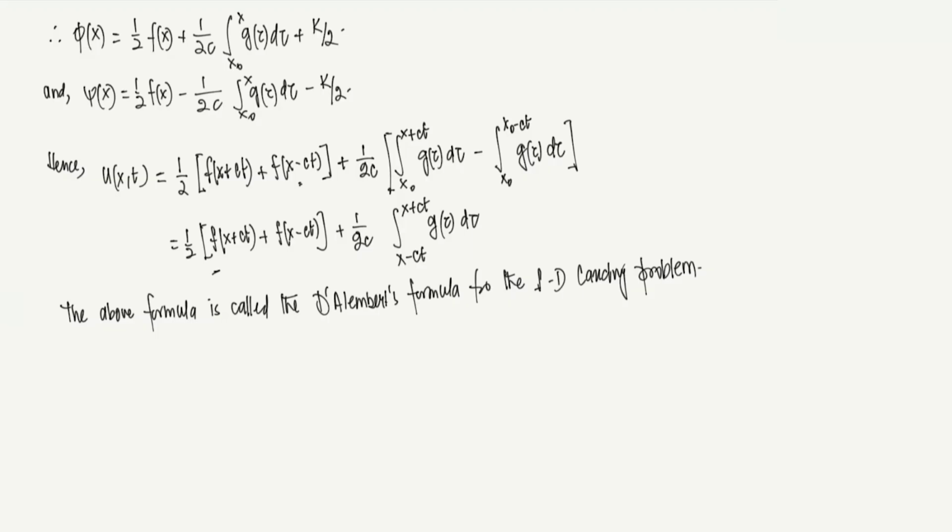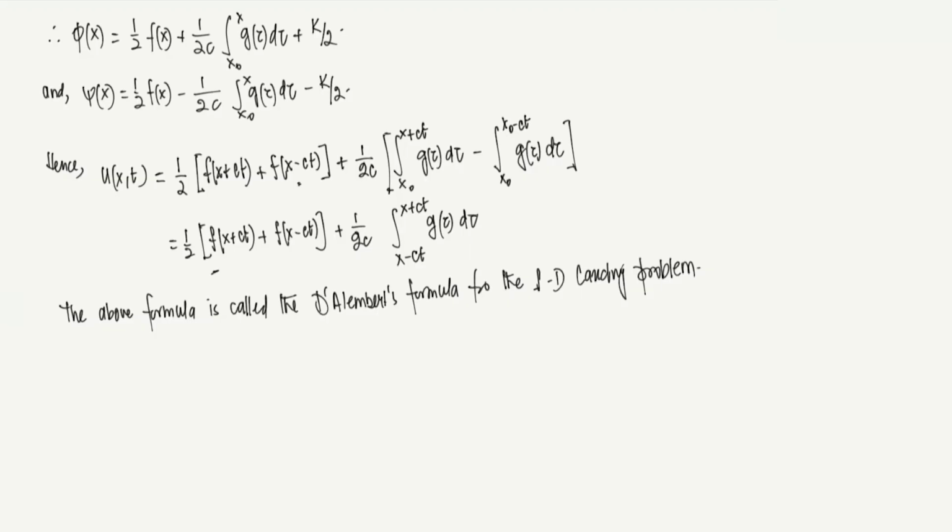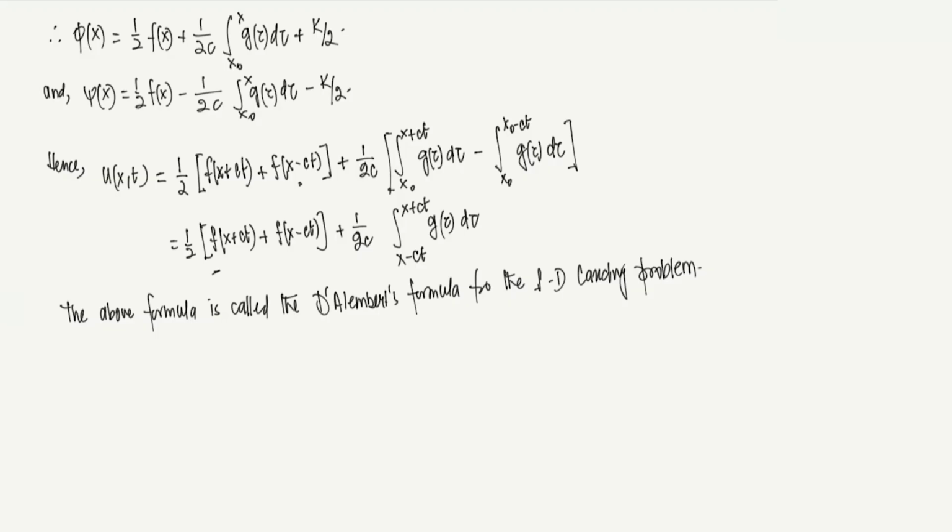And of course, this satisfies the initial condition. That is trivial to see. Here it is assumed that f has to be at least C2 and g is C1. This is our assumption. With this assumption, this is always true.